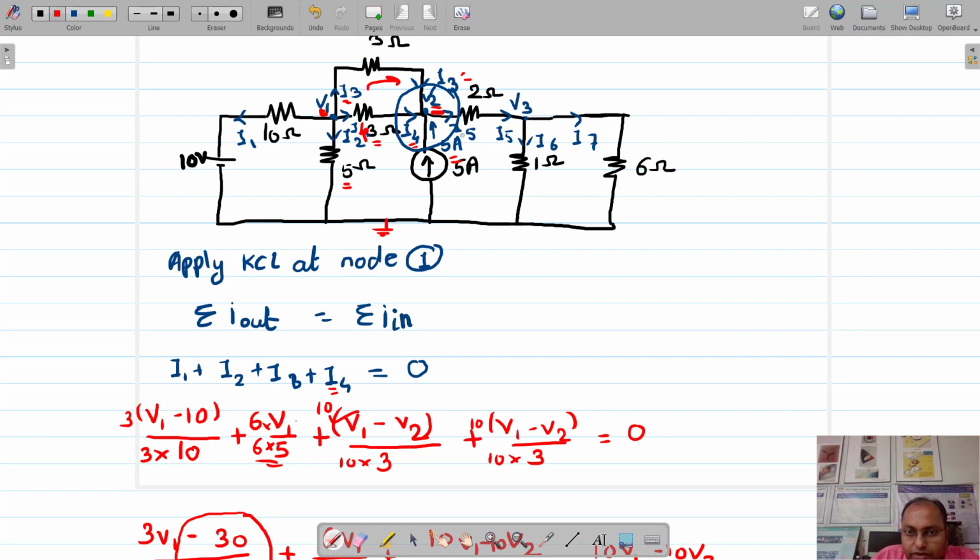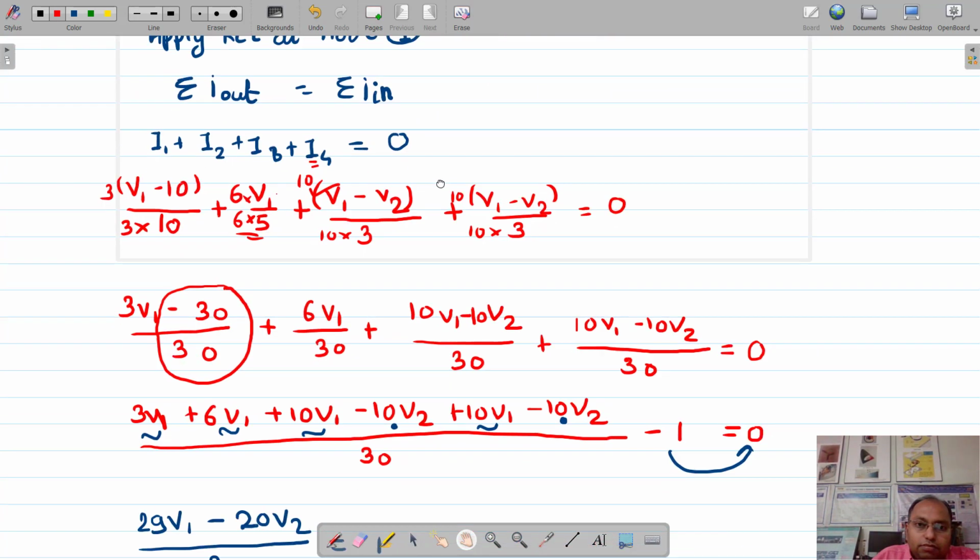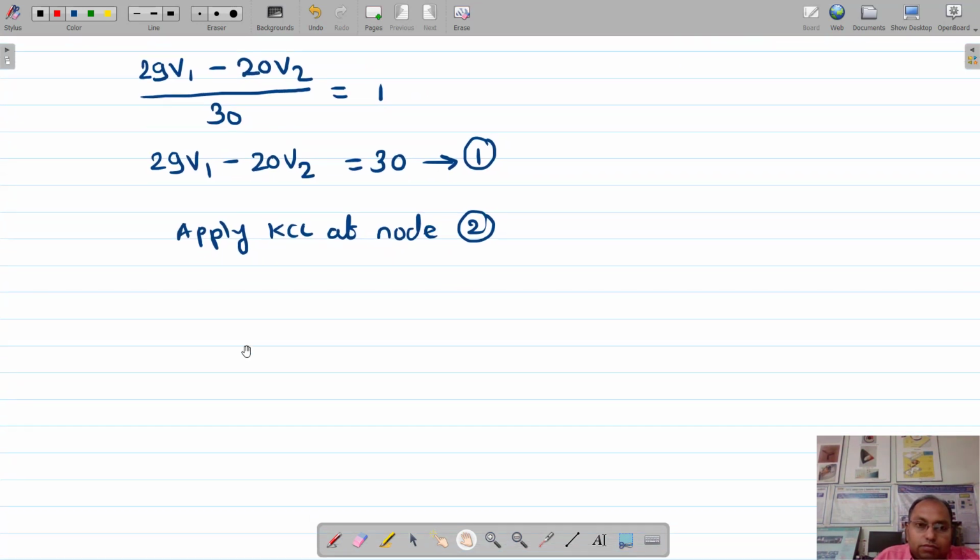And only one, I5, is the leaving current, right? So what can be your equation? Sum of incoming is equals to sum of outgoing. Incoming means I4 plus I3 plus 5 is equals to I5, right? So let us write that: I3 plus I4 plus 5 ampere is equals to current I5.